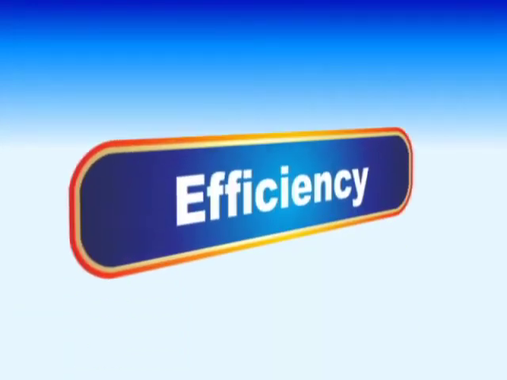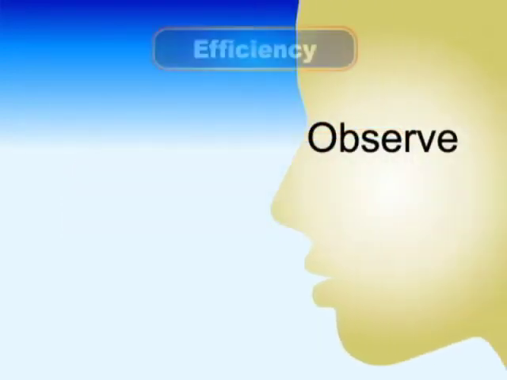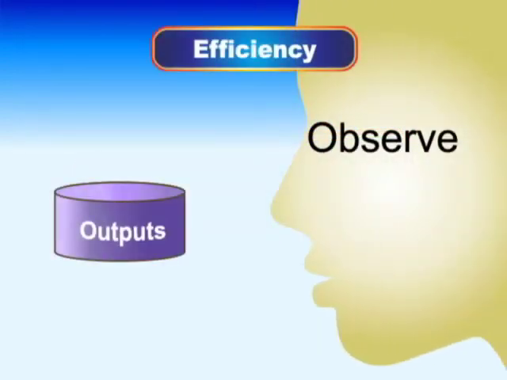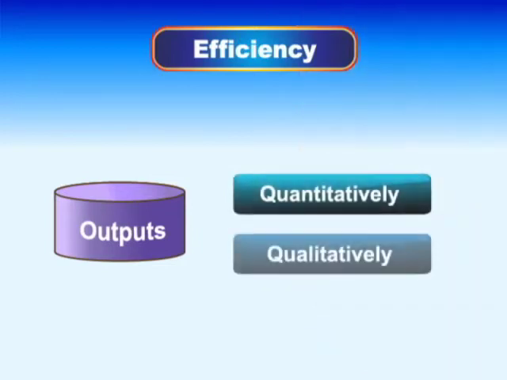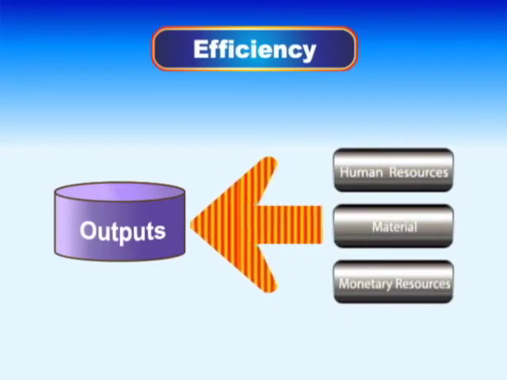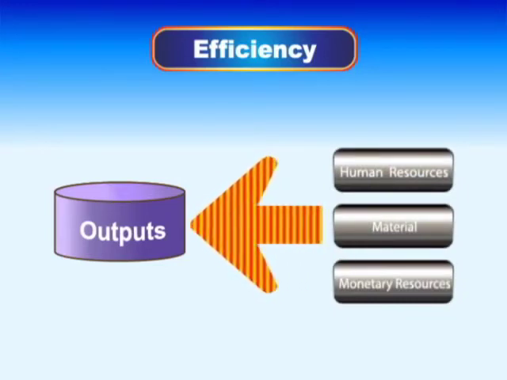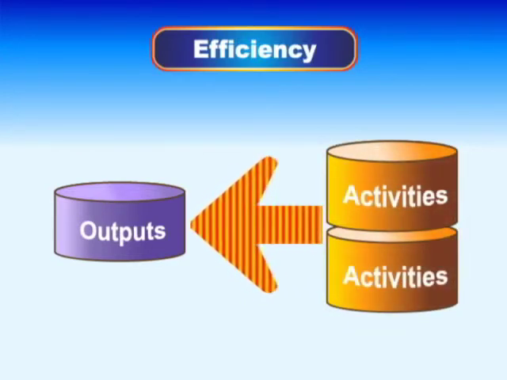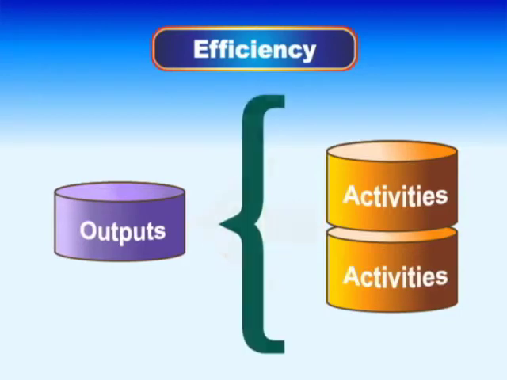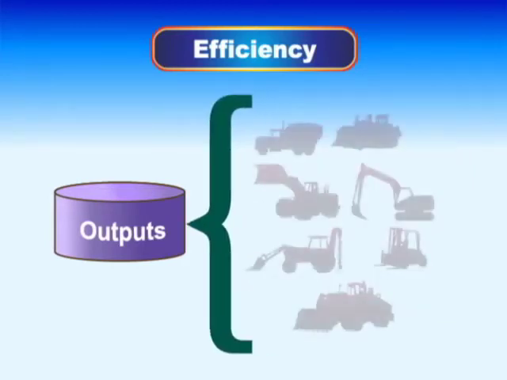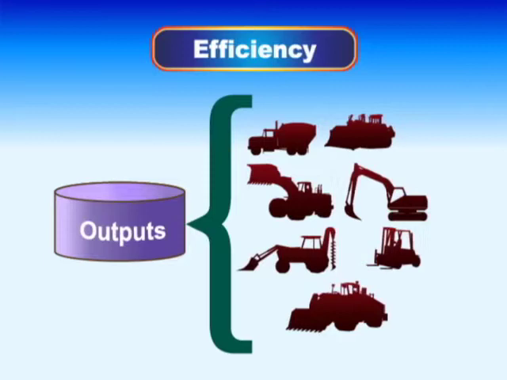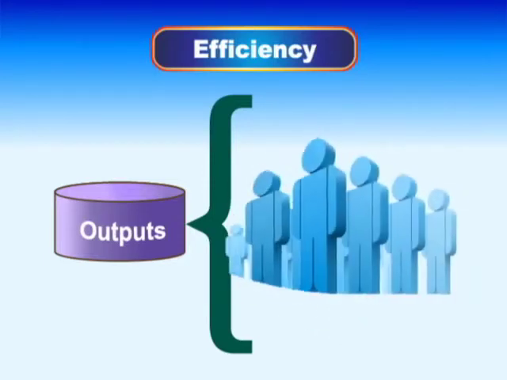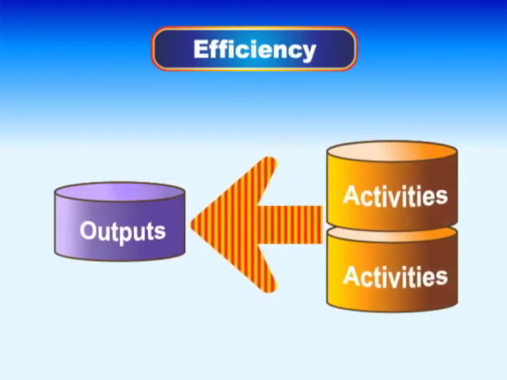Efficiency is measured by observing how much outputs have been obtained both quantitatively and qualitatively by the injected human, material, and monetary resources through the planned activities during implementation. For example, you check whether or not the activities have been using appropriate equipment and human resources according to the planned schedule.